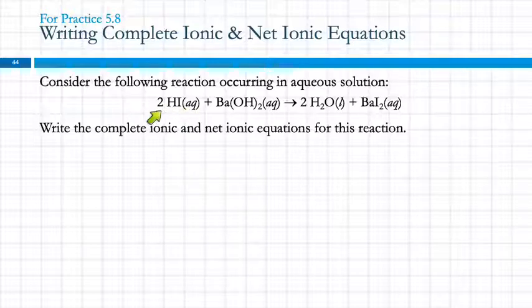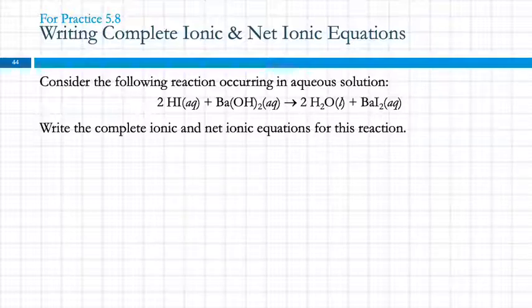So going through here, I'm looking at the states: AQ, AQ, liquid, AQ. If it's AQ, there's a good chance I'll have to separate it into ions. I always separate everything except weak acids. Here I do have an acid. So here's HI.